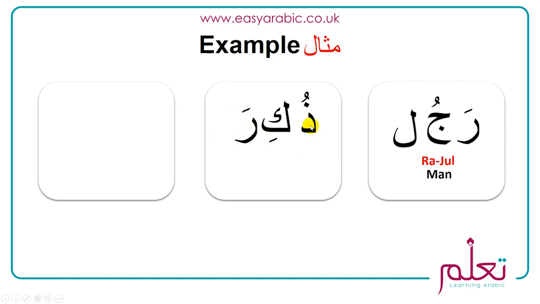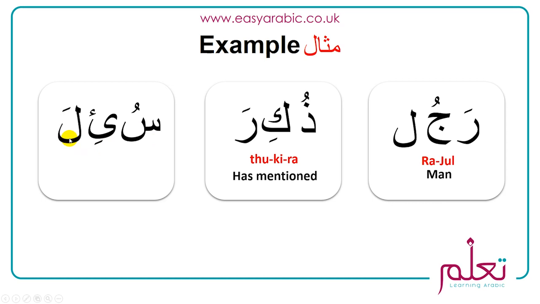So it's dhu ki ra, dhukira, which means he has been mentioned. Next one, look at the sin with the dhamma, the ya with the kasra, and the lam with the fatha. That is su i la, su'ila. Okay, he has been asked.